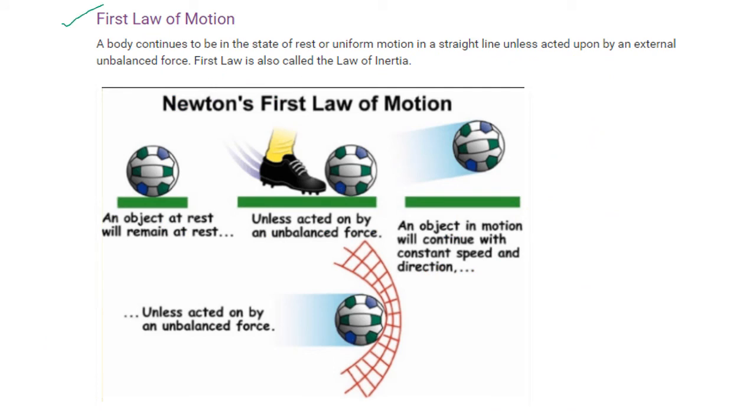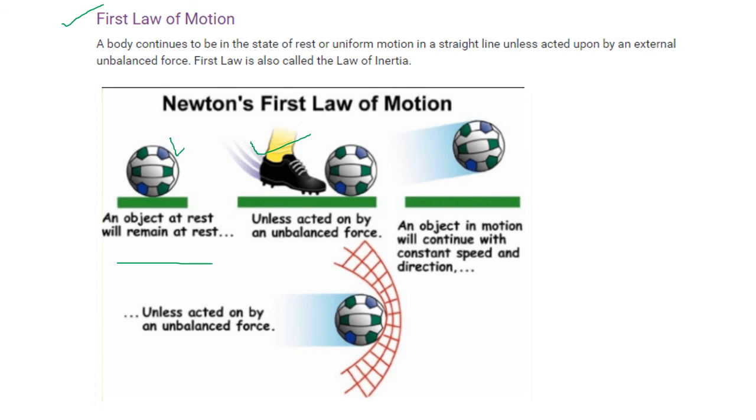Again, let's talk about the first law of motion. As I told you, an object or a body continues to be at rest or in uniform motion in a straight line unless some external force is applied over it. You can see this is a ball at rest, and it will remain at rest until and unless an external force or an unbalanced force is applied over it.